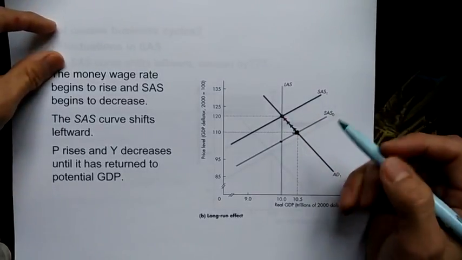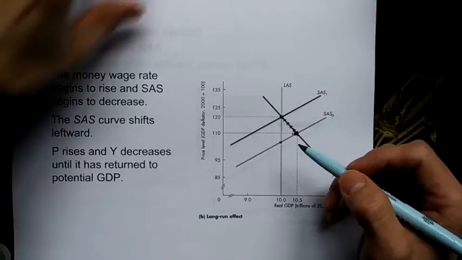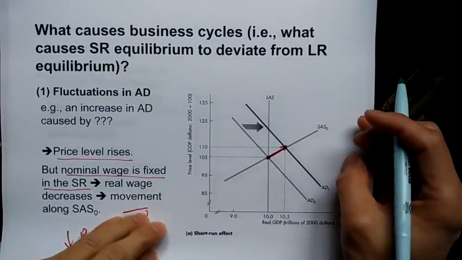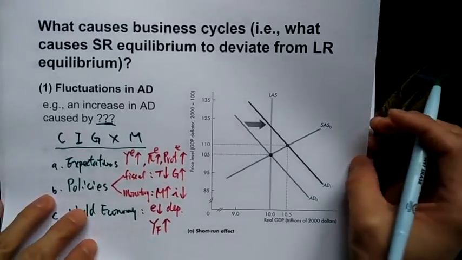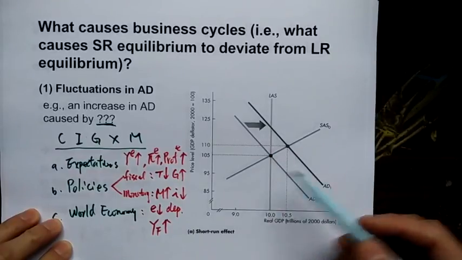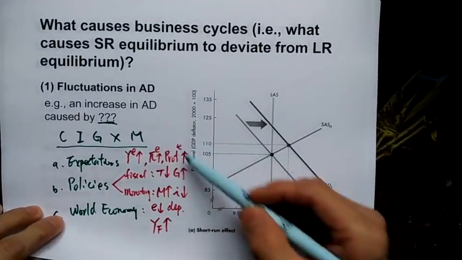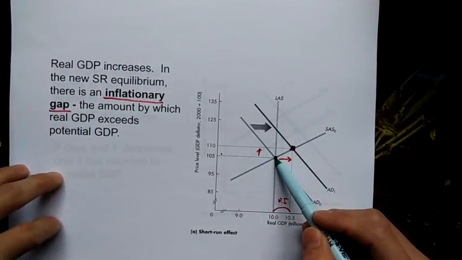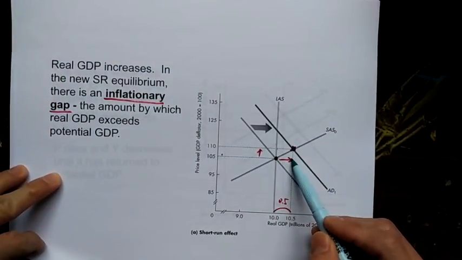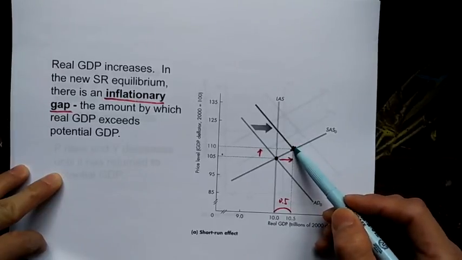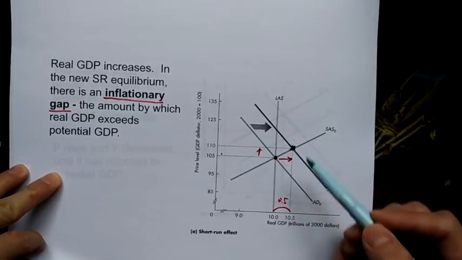Let me do it all over again. When aggregate demand curve shift to the right because of any of the factors, price increases, output increases. The economy has an inflationary gap. It is going to push the price level even higher.